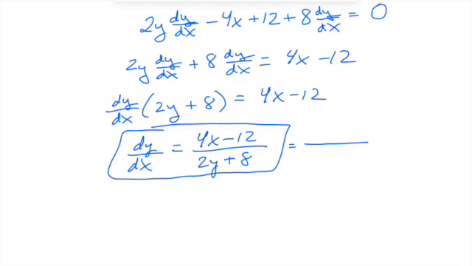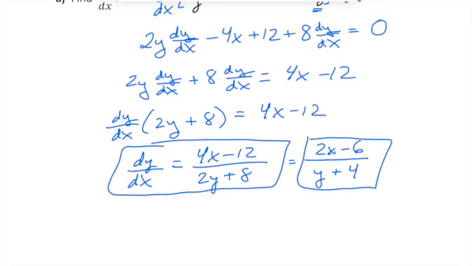But if you'd like to, just for completeness, all of these terms are divisible by 2. Thinking of the greatest common factor you can take out of everything, it could be reduced to 2x minus 6 over y plus 4 if you divide everything by 2. Okay, so there we go. Part A, a pretty standard FRQ type of problem.